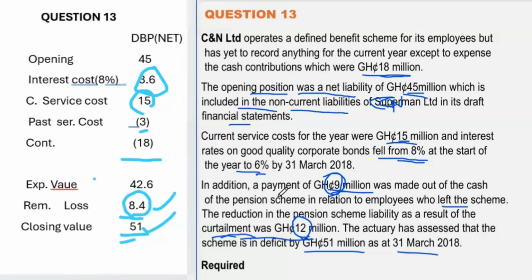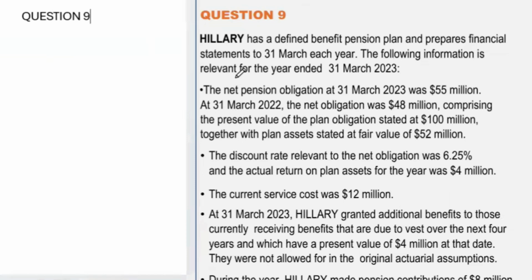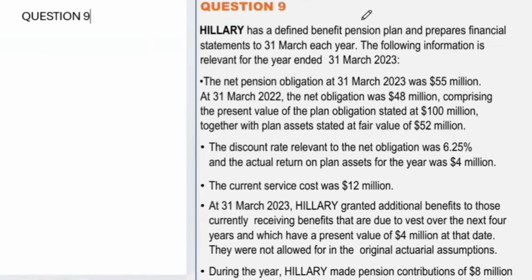Let's look at question 9. Question 9 says Hillary has a defined benefit pension plan and prepares financial statements to 31st March each year. The following information is relevant for the year 31st March 2023.